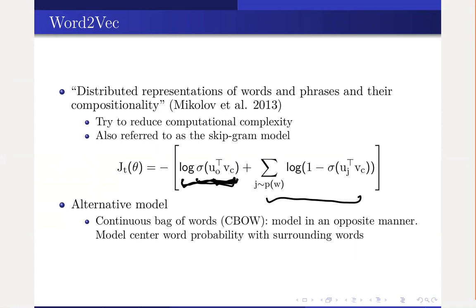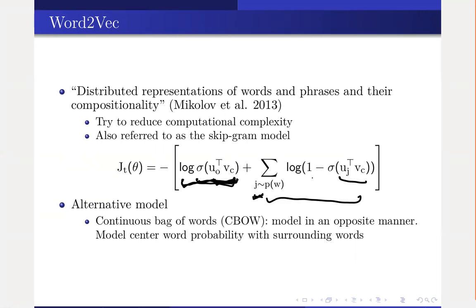But at the same time, we want to make sure that when I arbitrarily sample some other irrelevant words, this uj should be far away from VC. What does that mean?